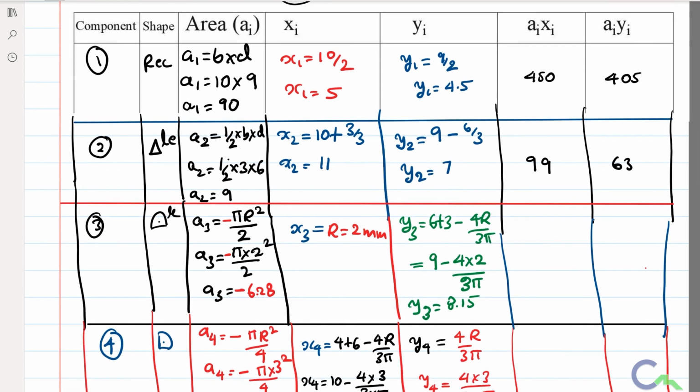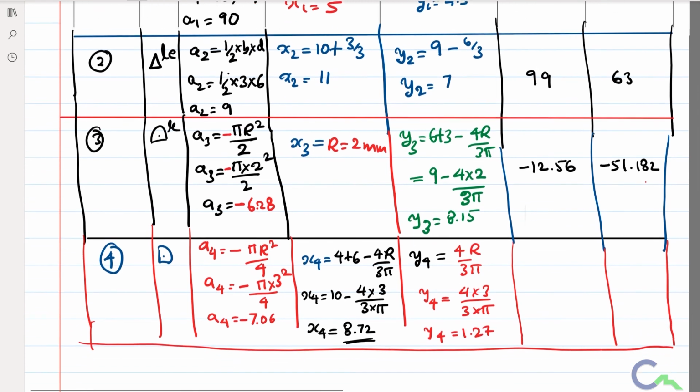Now that is A3 into x3. A3 value is minus 6.28 into x3, which is 2, so we'll get minus 12.56. A3 into y3 is minus 6.28 into 8.15, we'll get minus 51.182.